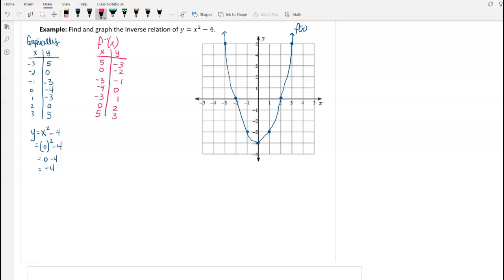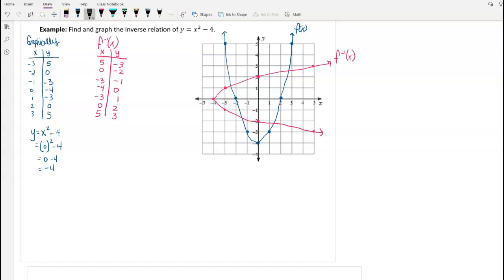So let's graph f inverse. We have (5, -3), (0, -2), (-3, -1), (-4, 0), (-3, 1), (0, 2), and (5, 3). Go ahead and graph this. I graphed the inverse, and we're going to label this one f inverse of x. So that is the graphical way to find the inverse.